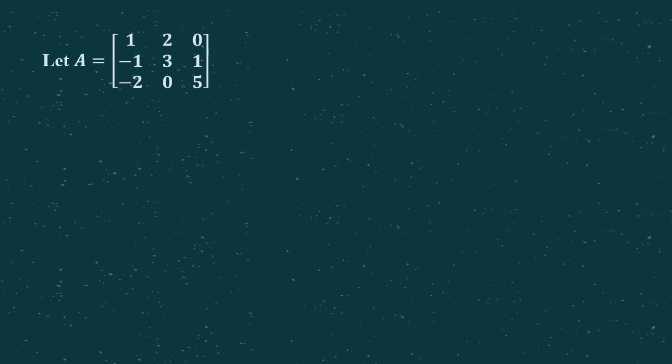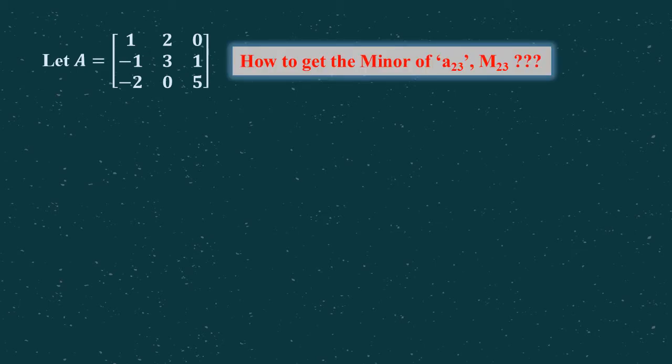Let capital A equal, let us consider a 3 by 3 square matrix with the elements 1, 2, 0, minus 1, 3, 1, minus 2, 0, 5. Now, how to get the minor of a23? That is capital M23. Minor of a23 is represented as capital M23.